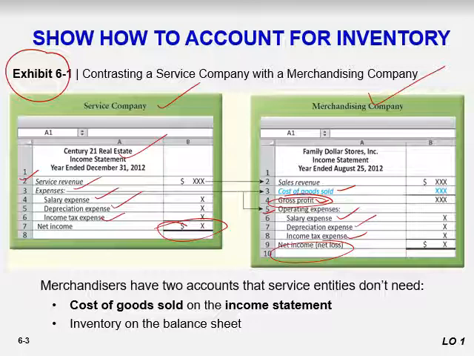Okay, so merchandisers have two accounts that service entities do not have. What are they? Number one is cost of goods sold on the income statement, and number two is inventory on the balance sheet. And why is that? Because there is no concept of physical product in the service industry, while in merchandise there is a concept of physical product. So let's move further.